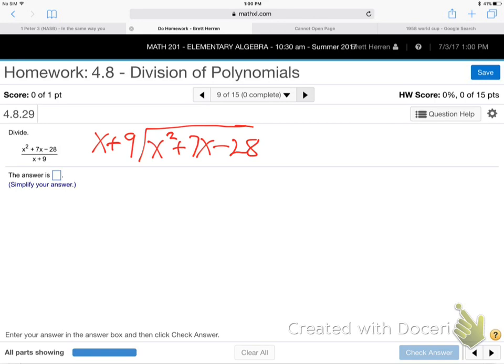Try that one. Start with the front and the front. What do you put up here? Times the front, that will match the front. What times x is x squared? Start there.